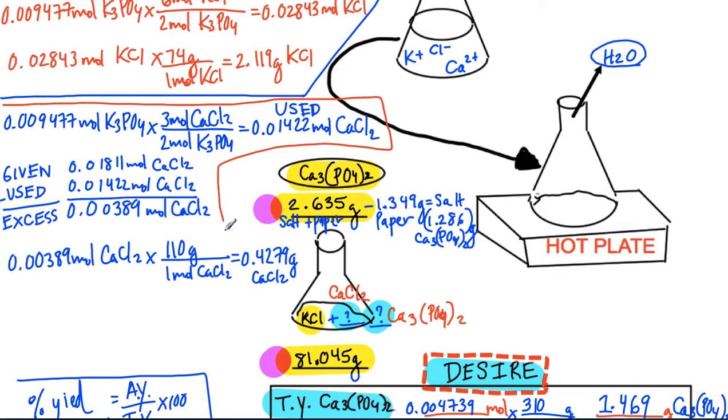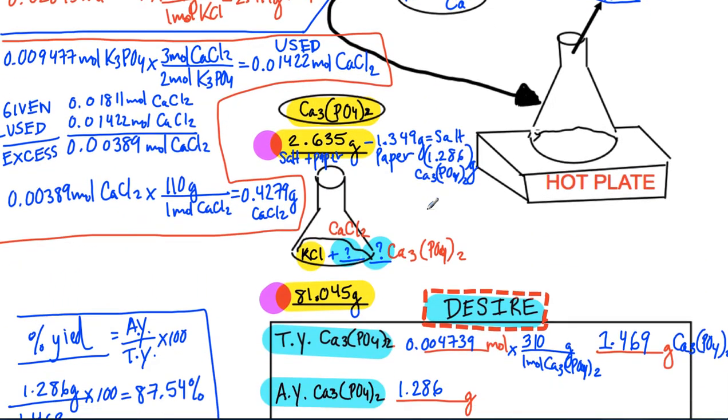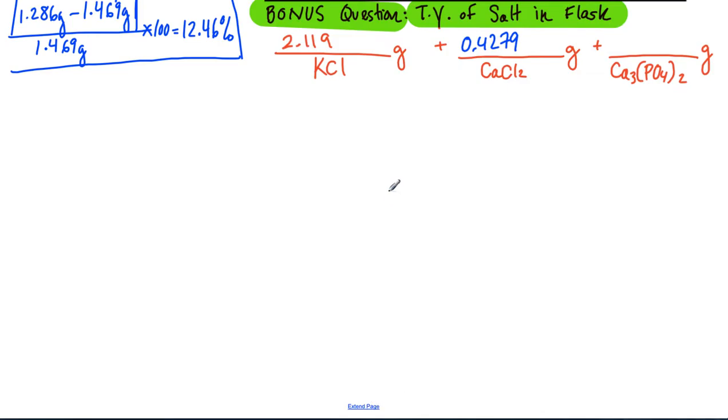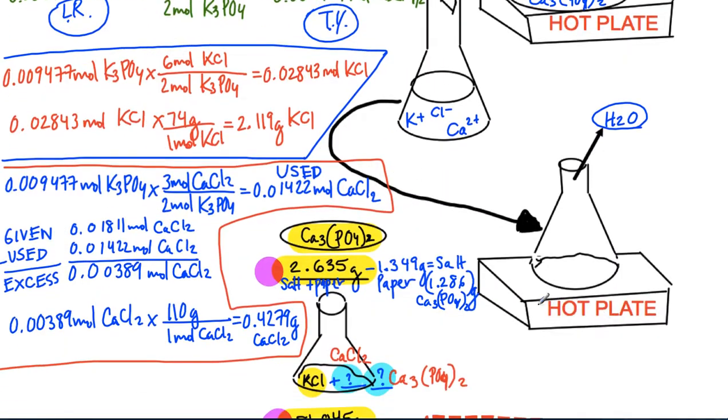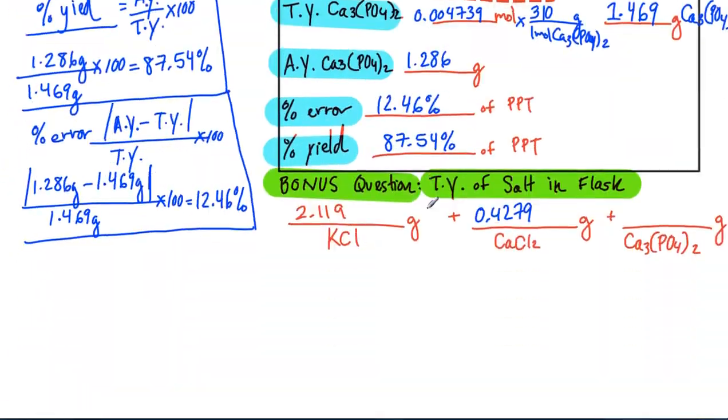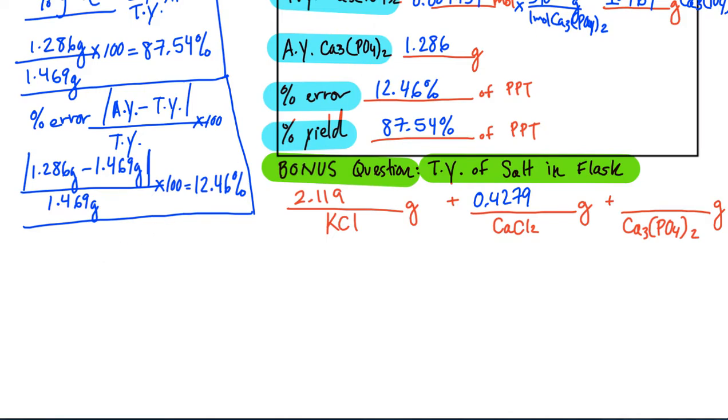Now we're going to find the grams of our calcium phosphate. I'm just going to do it down here so we have some more room. I'm going to take my percent yield.